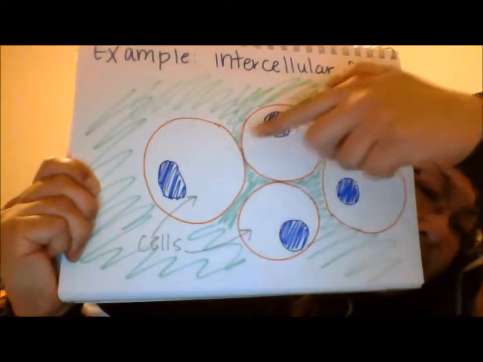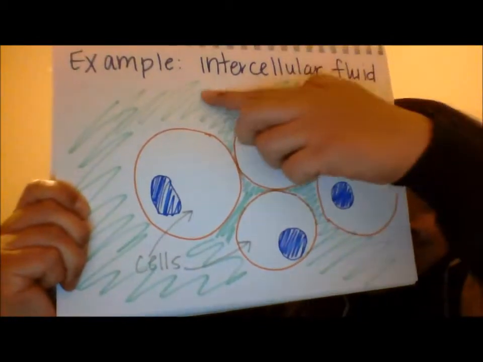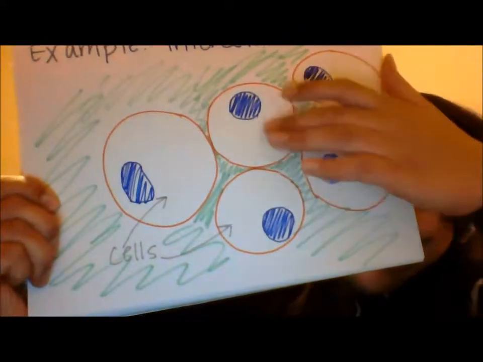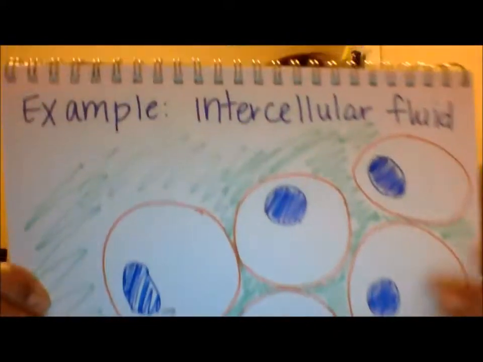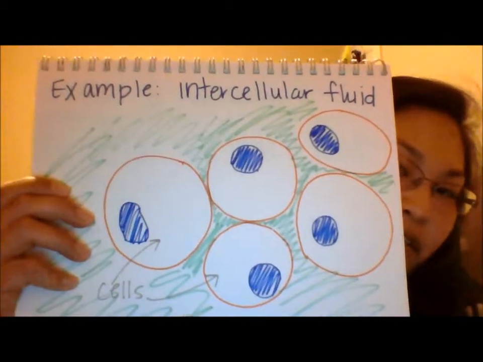These little blue things are the nuclei. And then all of this, the interstitial fluid, would be all this fluid that floats around in between the cells and the tissues that the cells form. So that's what interstitial fluid is. It's basically all the other fluid in the body that's not blood or plasma.